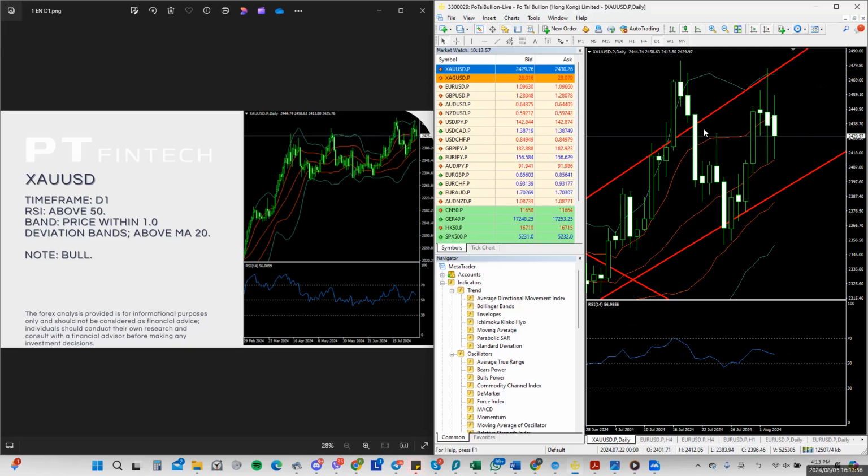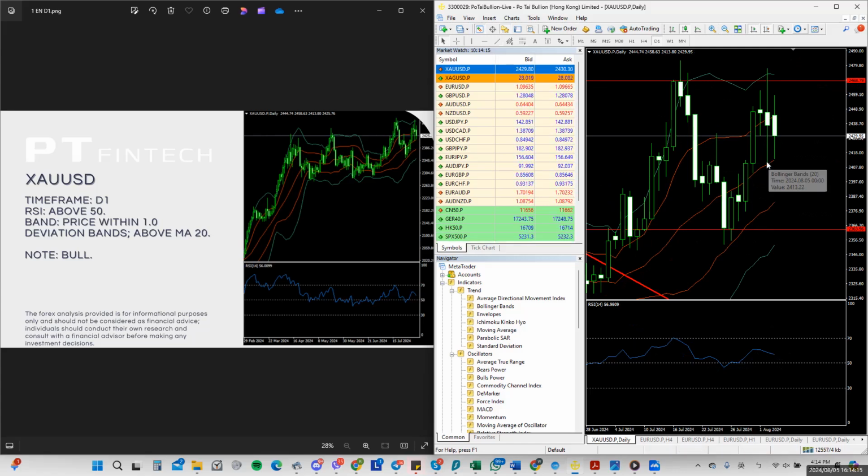From what I'm seeing, this bull channel actually created more of a ranging market for us. It's stuck in between here. The ranging market most likely came from the uncertainty from the RSI. But overall, as long as the price is above MA20, I think we could still see this as more of a bullish trend.